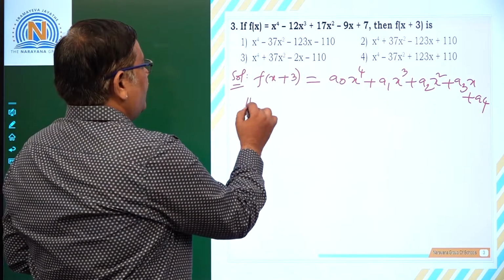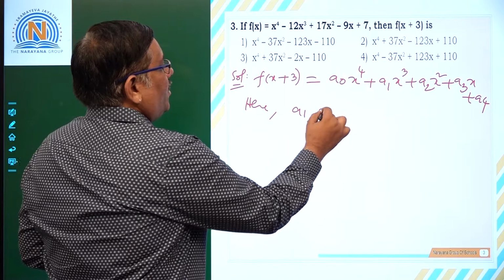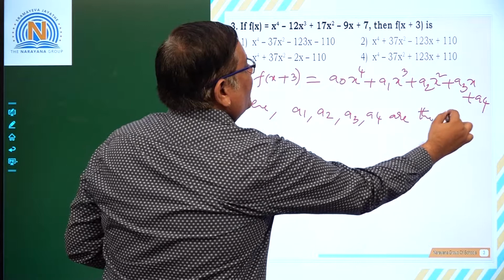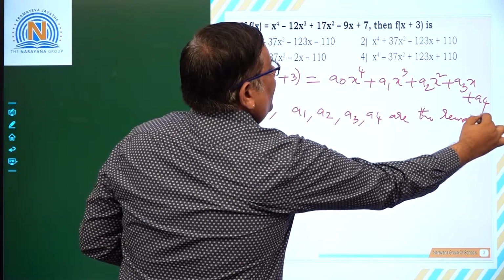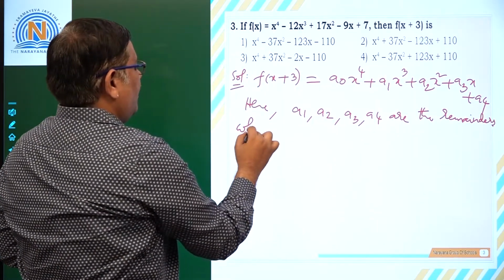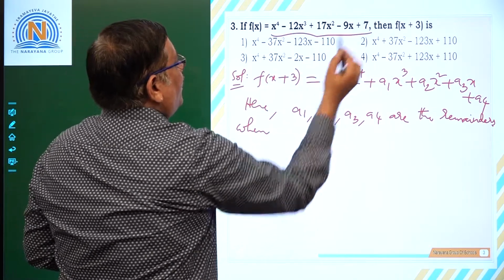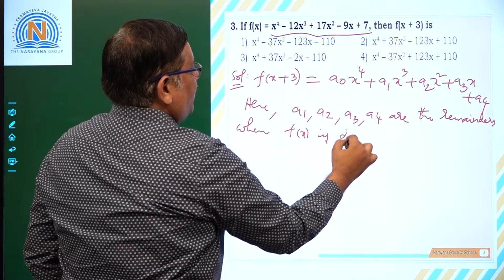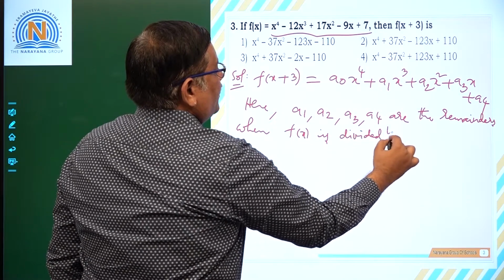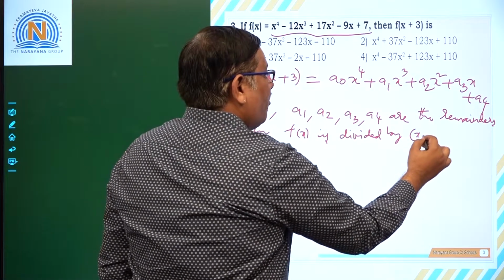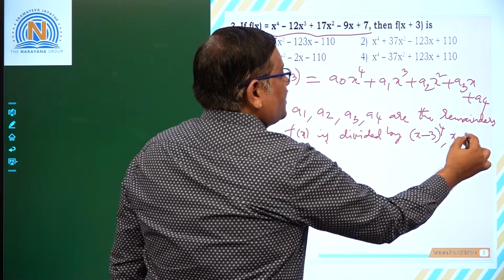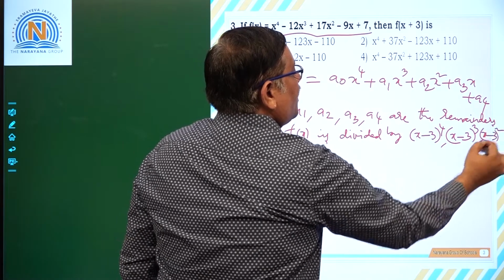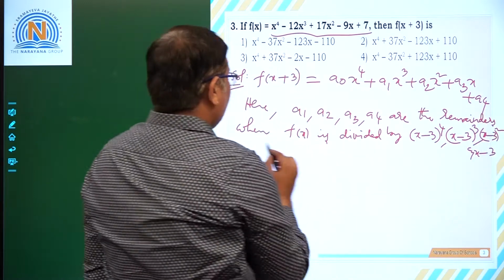Here it is given that a1, a2, a3, a4 are the remainders when the given polynomial, let us call it f of x, is divided by x minus 3 whole power 4, x minus 3 whole cube, x minus 3 whole square, and x minus 3 successively.